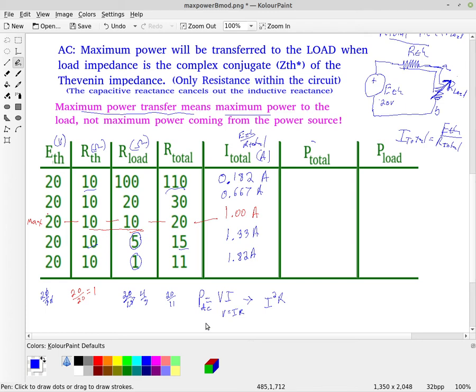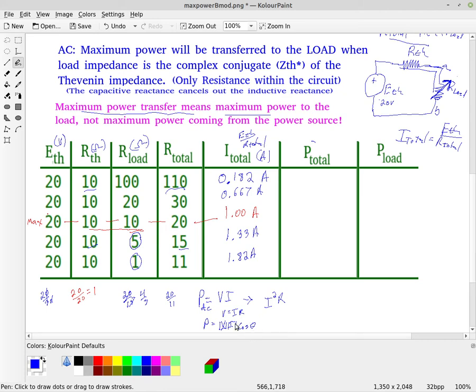And for AC, we haven't maybe discussed that too much yet, but remember that voltage and current have phase shifts in AC, so we have to worry about the phase shift. So power is equal to the magnitude of the voltage times the magnitude of the current, times the cosine of the angle between the two.